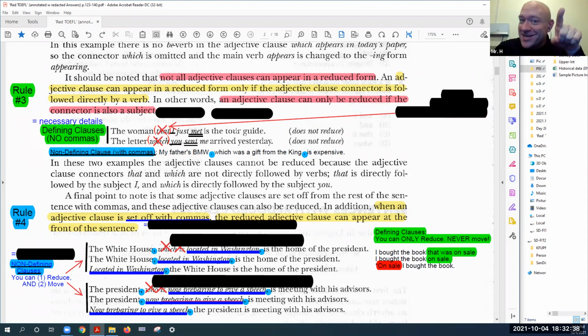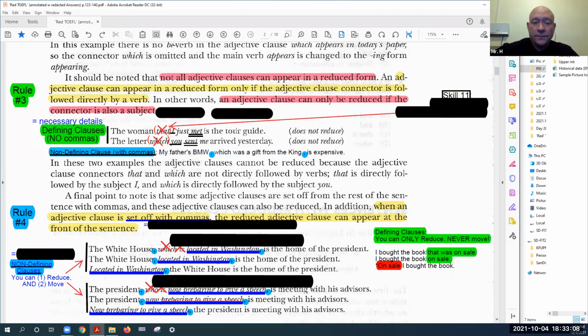We studied a skill about this. It was the first skill about adjective clauses. That's skill 11, gentlemen. And what is the rule that I explained in 11 about the connector?